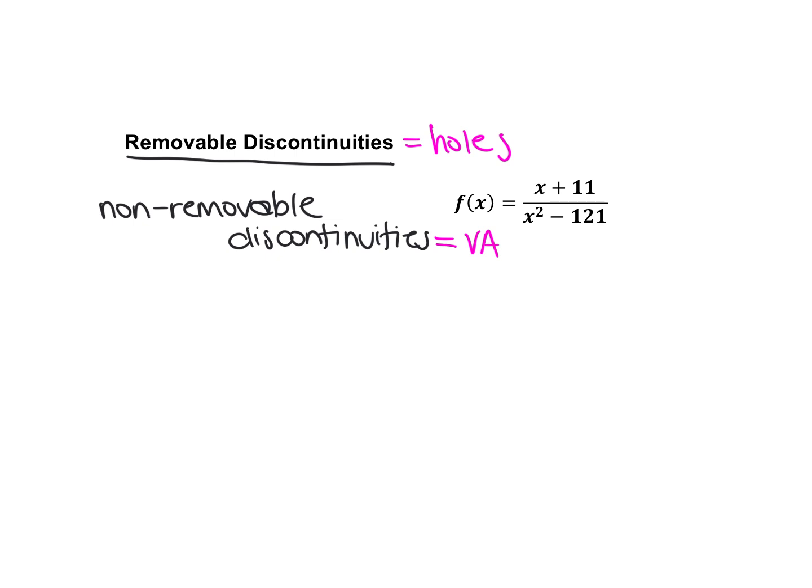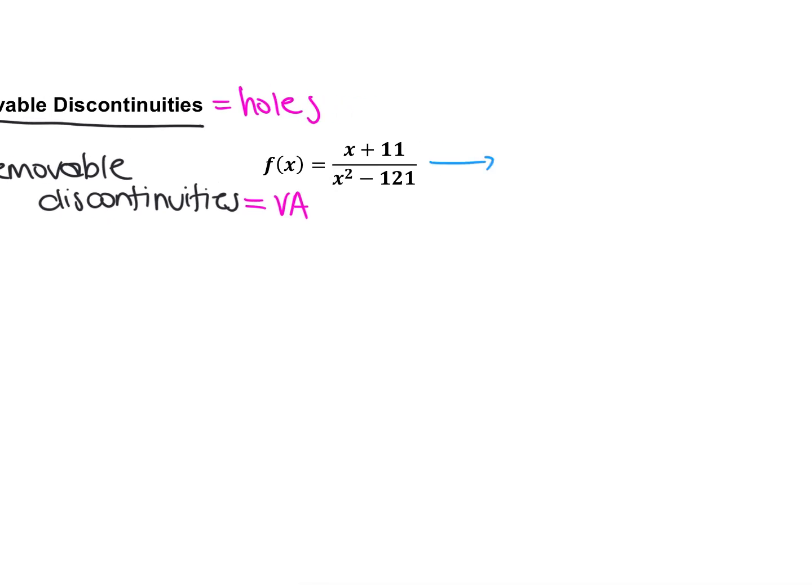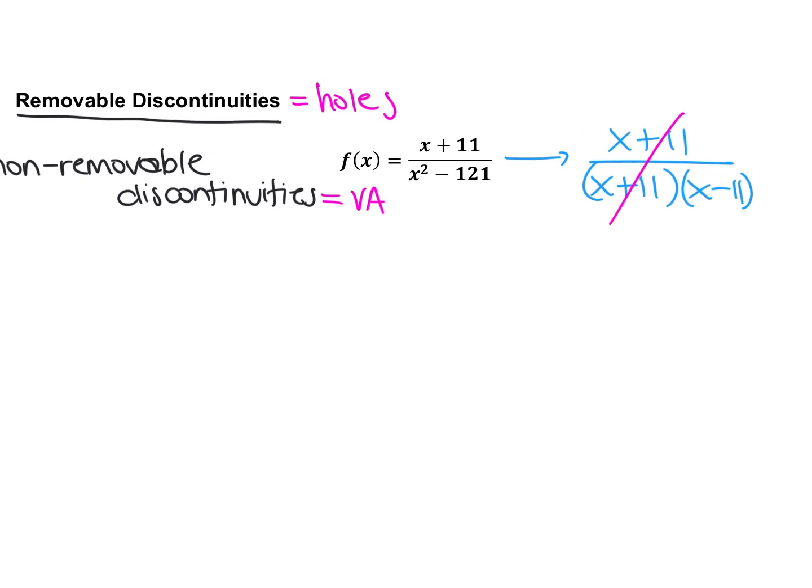So for an equation like this, you would factor it and say, x squared minus 121 factors into x plus 11 and x minus 11, right? Then, because I can cancel x plus 11, where do I have a non-removable discontinuity? 11 would be the non-removable one, because it's the vertical asymptote.